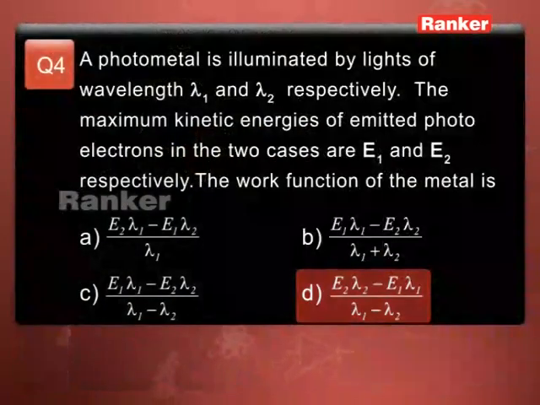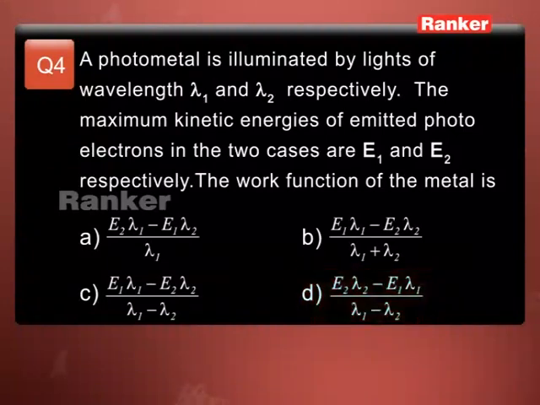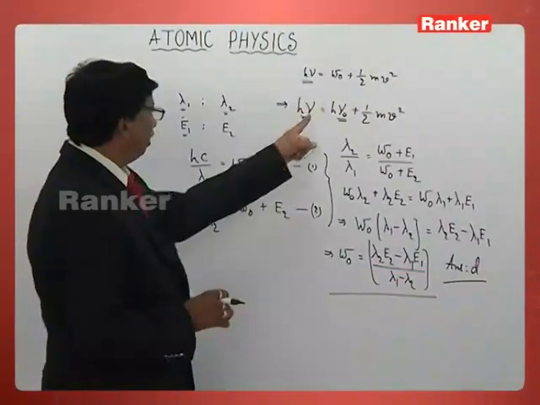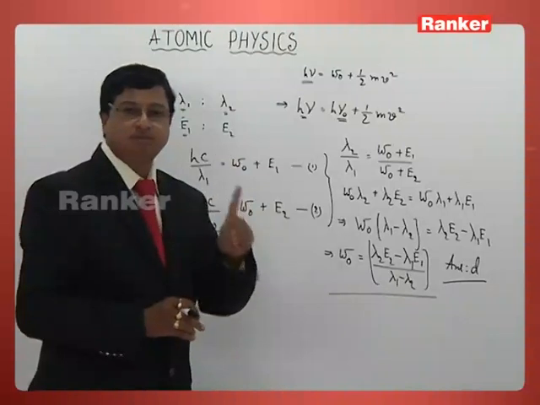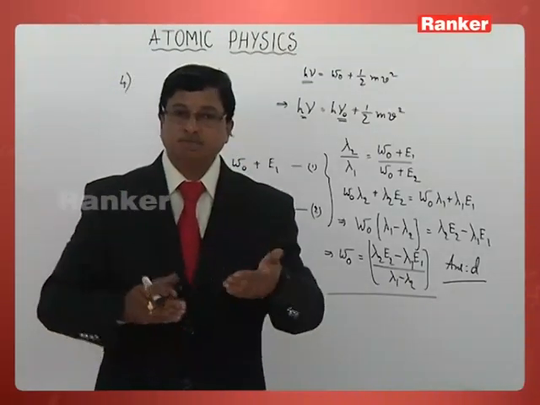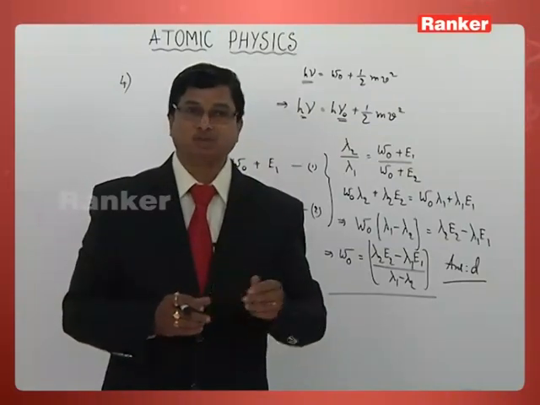So what is the correct option for this one? The answer for this particular problem is going to be D for us now. So what we should understand here is the application of the same Einstein's photoelectric equation, but in terms of wavelengths, we are just writing the corresponding equations there.